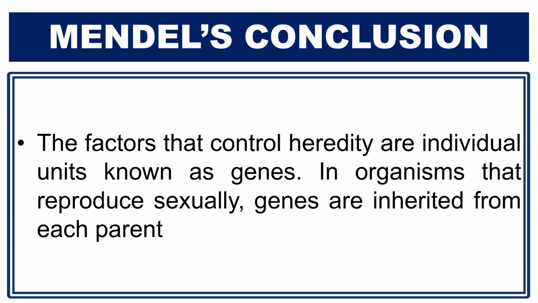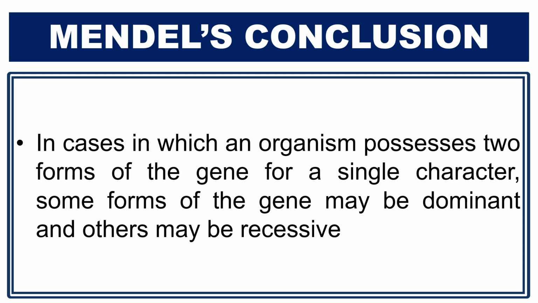Mendel's work can be summarized in 4 basic statements. First, the factors that control heredity are individual units known as genes. In organisms that reproduce sexually, genes are inherited from each parent. In cases in which an organism possesses 2 forms of the gene for a single character, some forms of the gene may be dominant and others may be recessive.